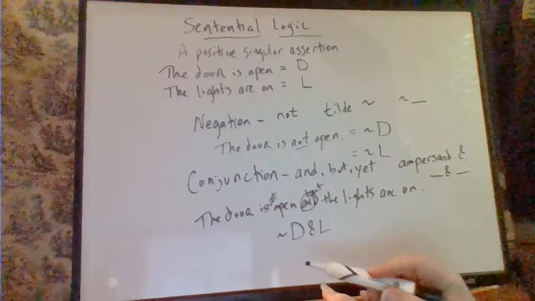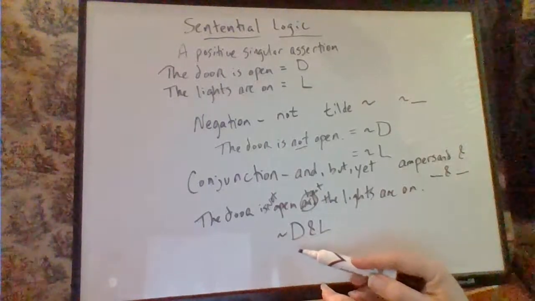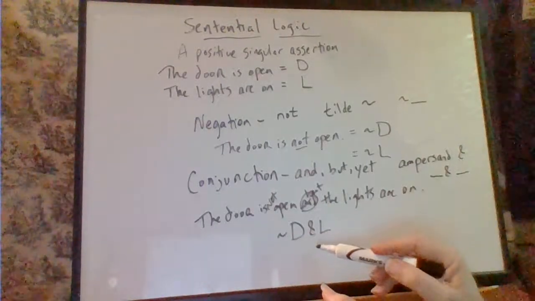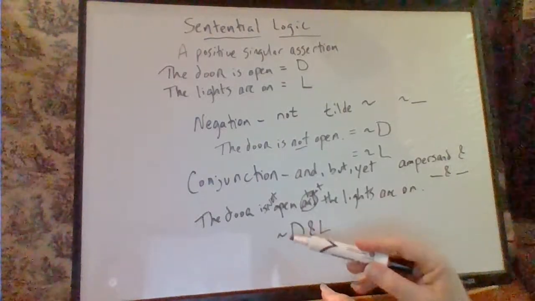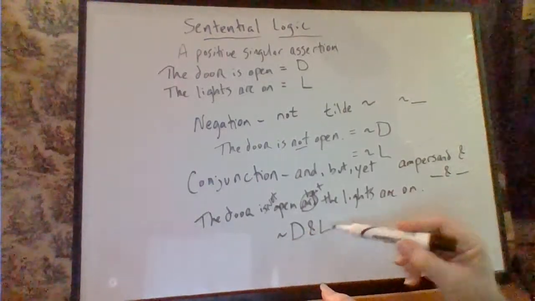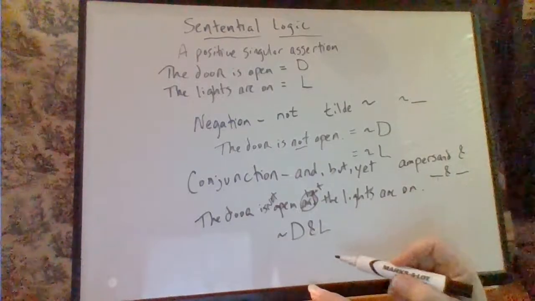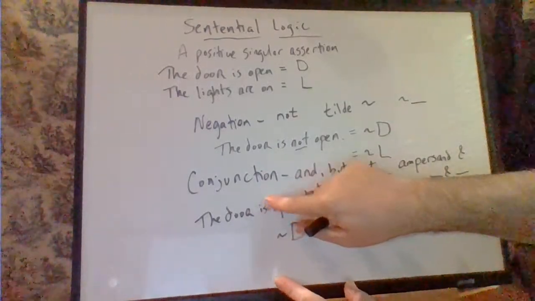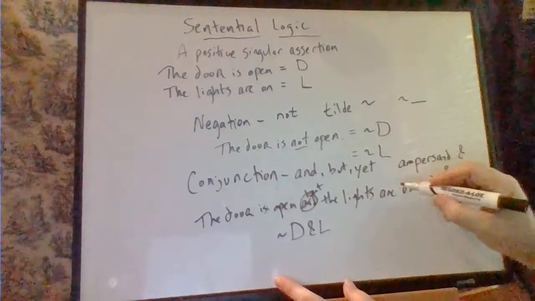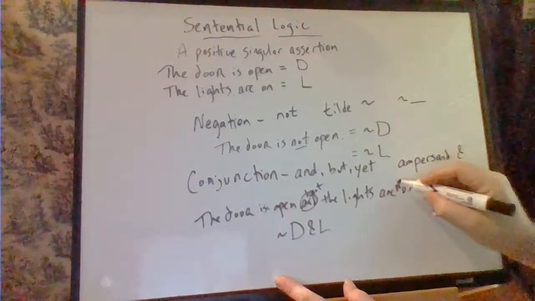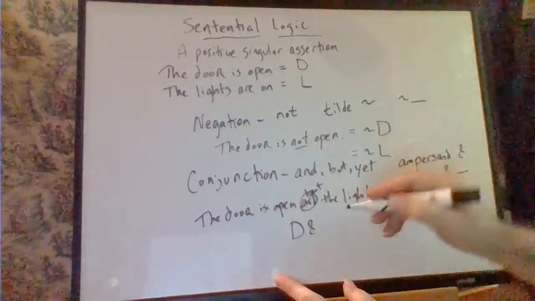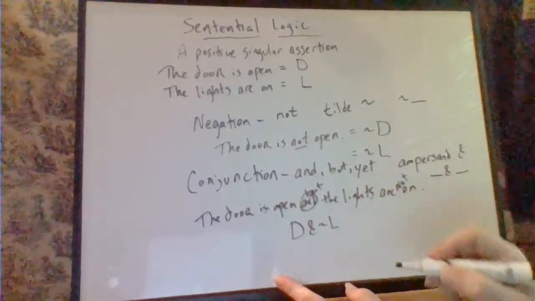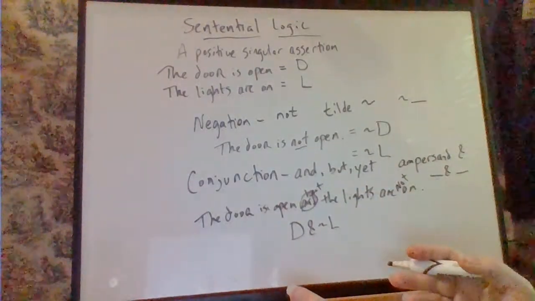So you can use the negation in conjunction with other symbols like this. So if I say the door is not open, it would be tilde D and the lights are on L. If I said the door is open but the lights are not on, then it would be D ampersand tilde L. Okay, you get the basic idea.